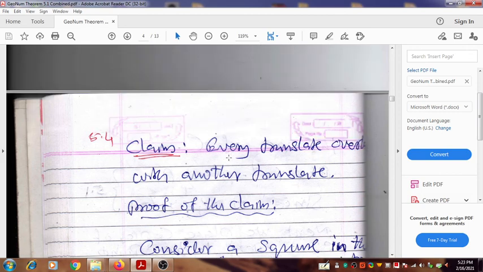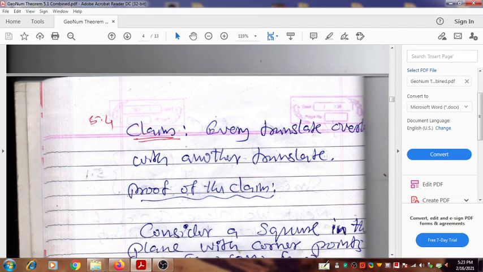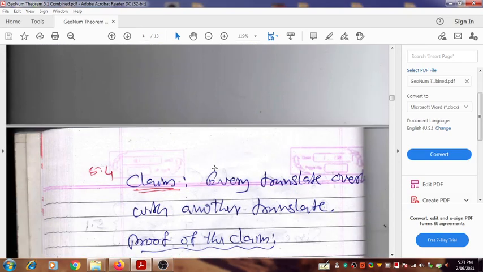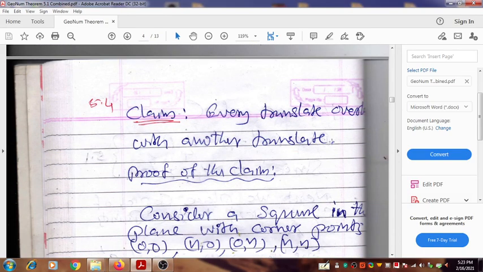Where are those translates? These translates are arranged in the fundamental lattice gamma. In the plane, we consider all the translates of C dash, arranged on the plane.